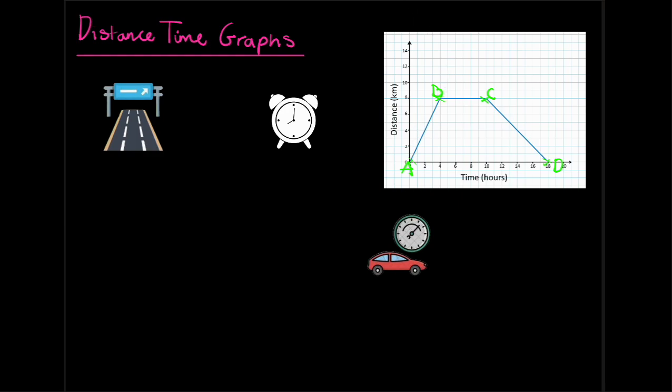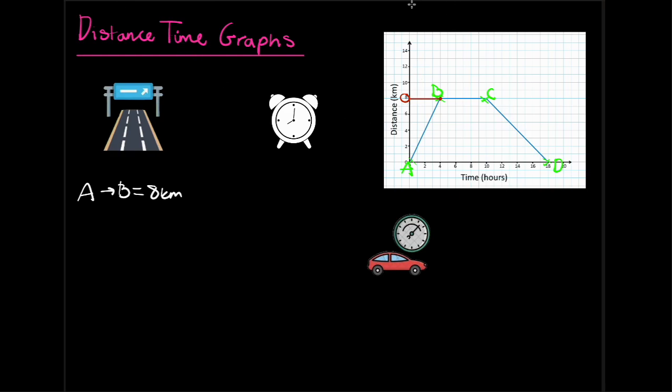If we look at this graph, we can see this point here, and if we just do a straight line, we can see that the total is 8. So we can write here A to B equals 8 kilometers, as we're dealing in kilometers.